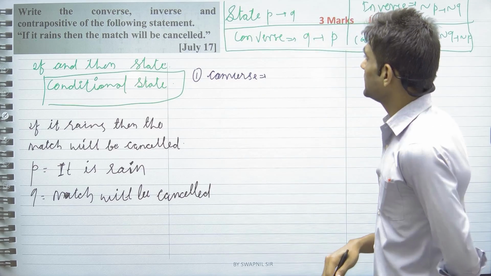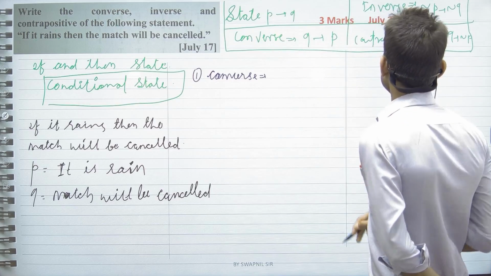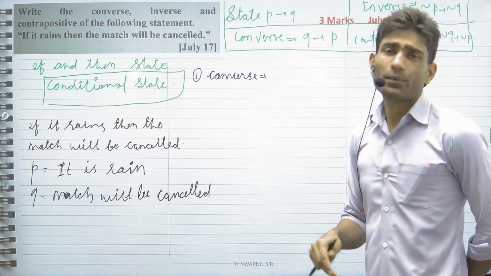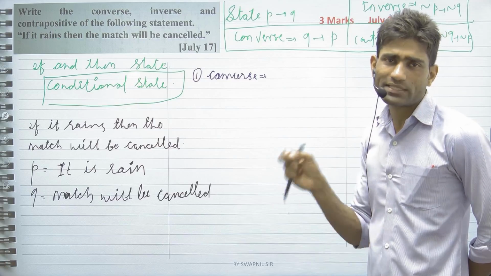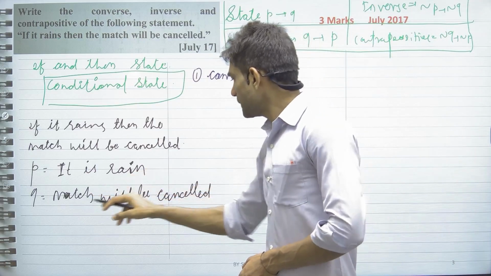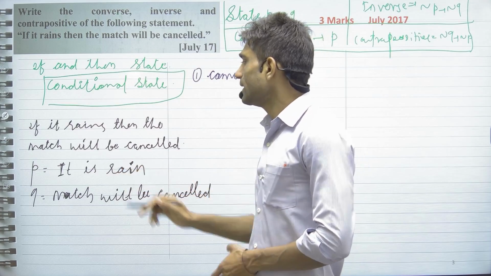The converse says that when we have statement P implies Q, we go for its reverse wording. The reverse statement says that if the match will be cancelled, then it is raining.